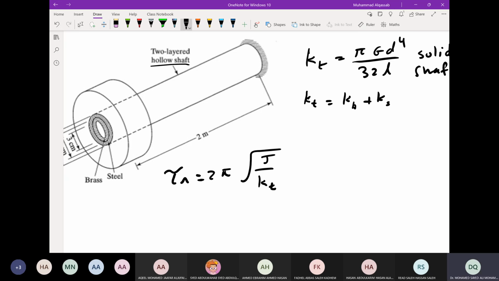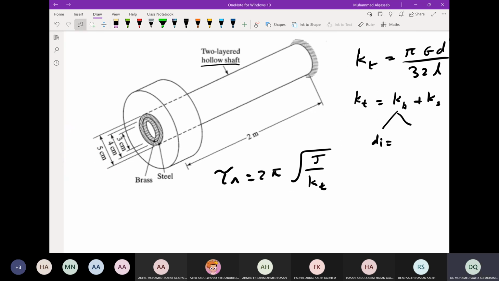Okay, so in general, KT is pi G d to power 4 over 32L, and KB is hollow with inner diameter equal to, the brass is the one inside the steel. So the inner diameter is 3 centimeter, and the outer diameter is 4.